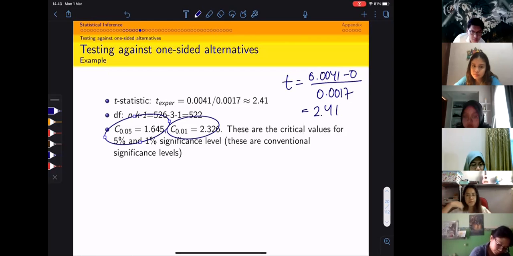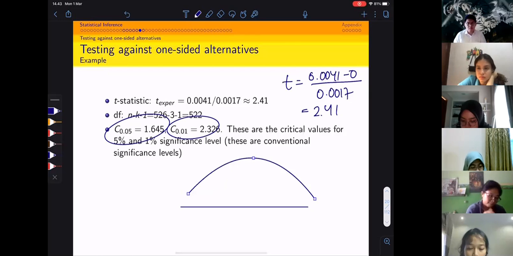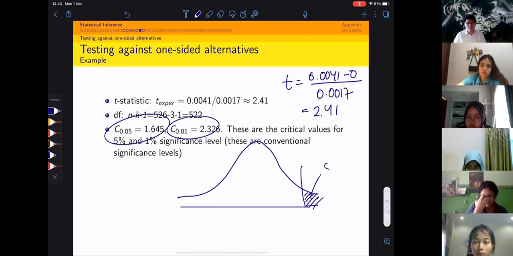So what do you say in this instance? If you are unsure, you can always draw it. Actually, I always recommend students to draw it. It's going to provide you with a more natural illustration of the hypothesis testing that you're after.